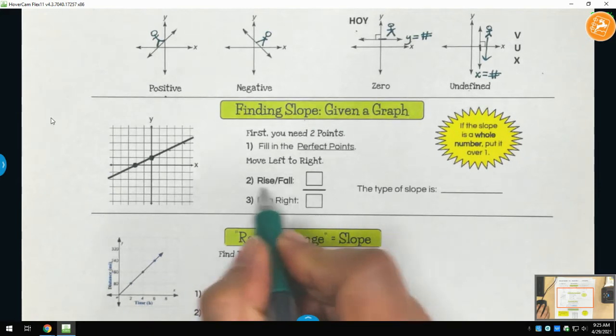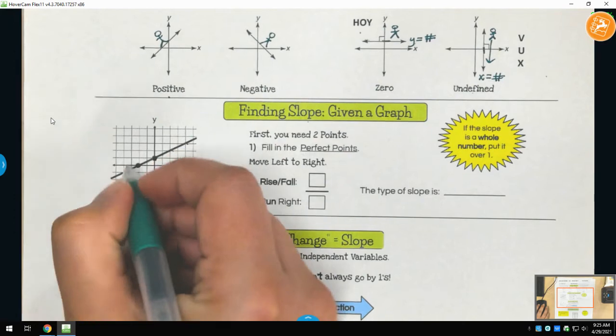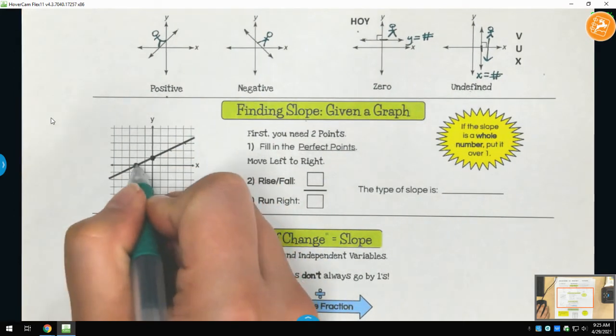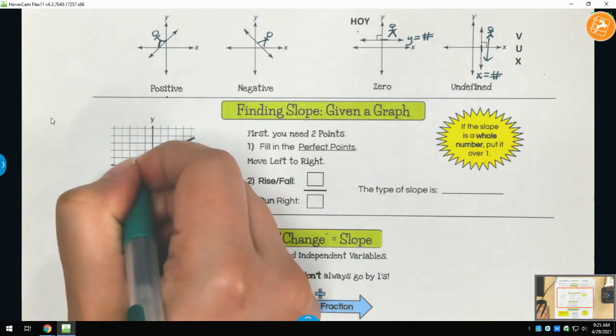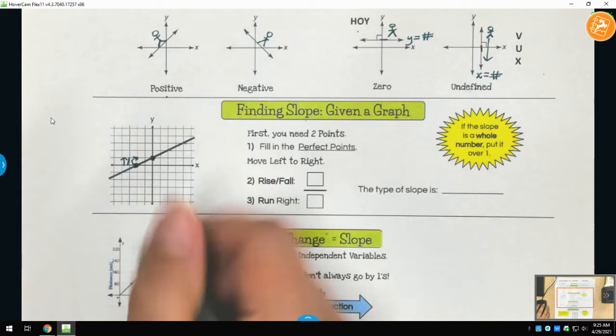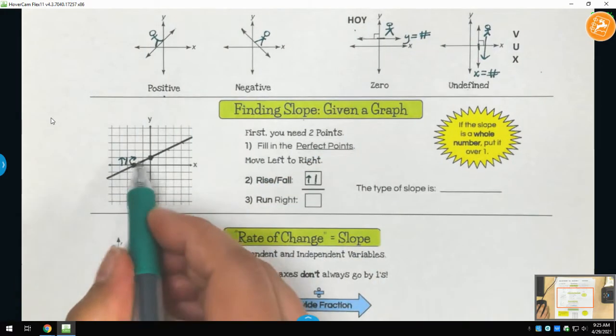From there, we're going to count rise or fall. So really what we're saying is just up or down, right? So to go from one point left to right, from one point to the other, I have to go, in this case, up 1 unit, right? So vertically up 1 unit to get on line with that next point.